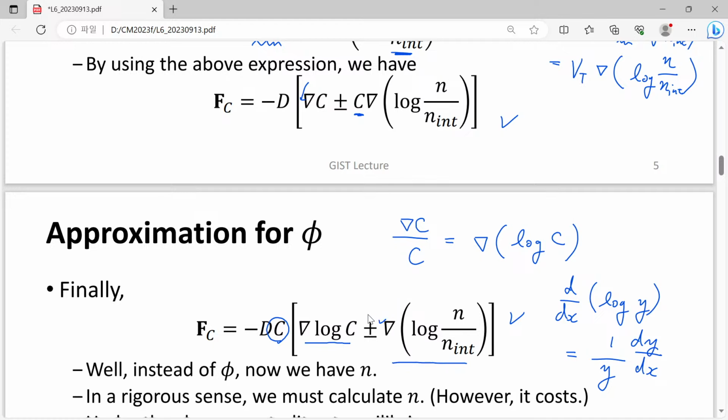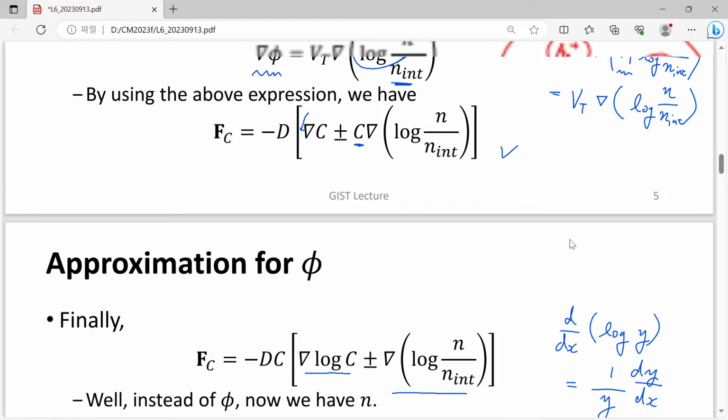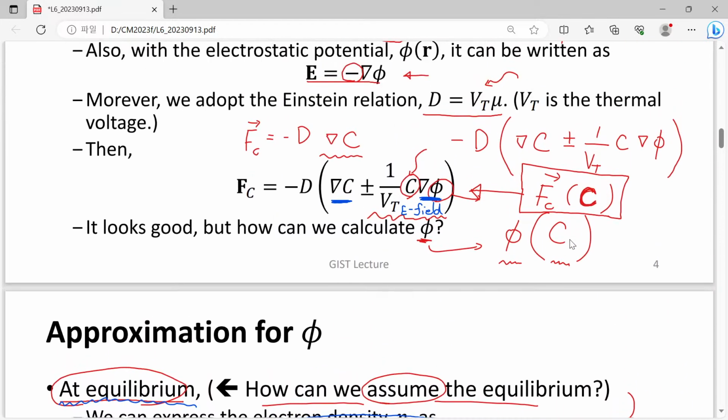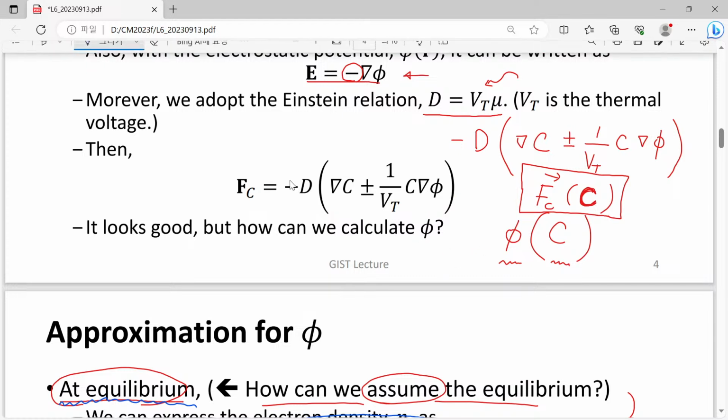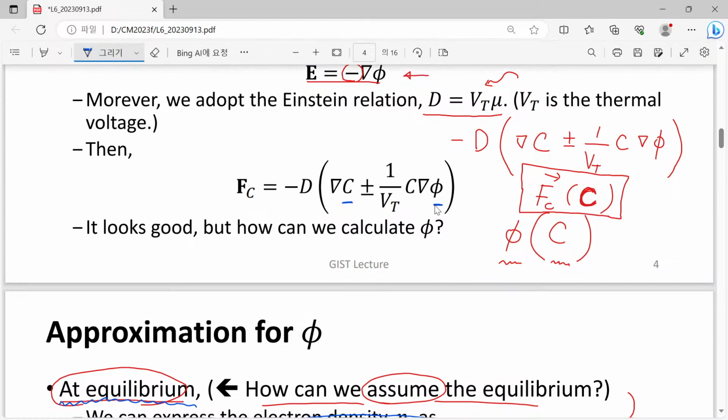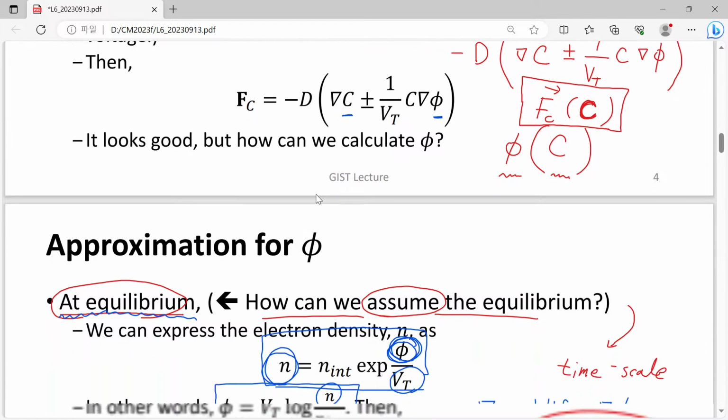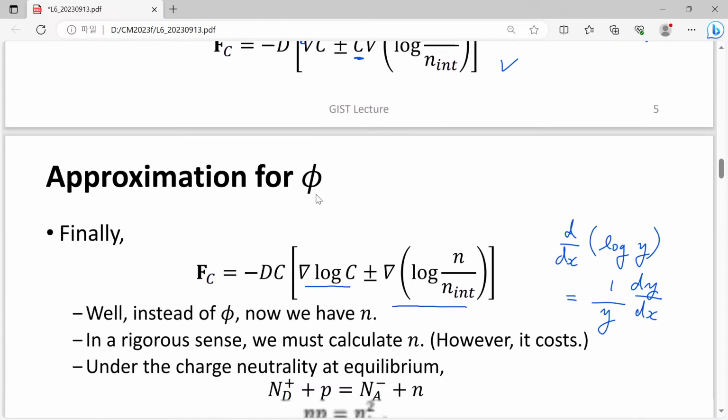Well, then please make a comparison with your reformulated form and your original form. What is the difference? Previously, when you had the original form, you must take the gradient of certain quantities directly. And now please have a look at this term.